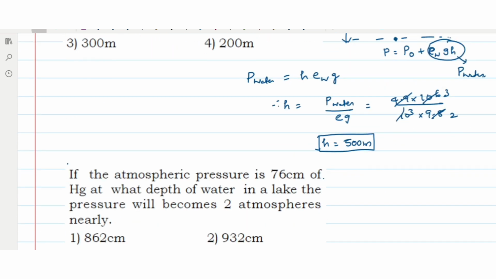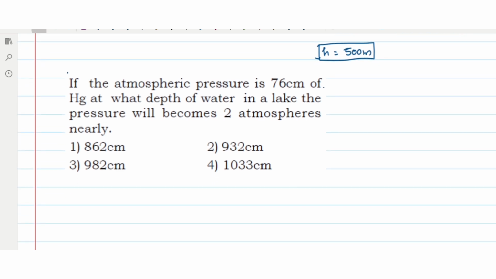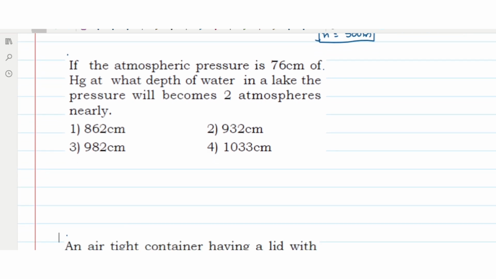Now look at the next question. It was given that if the atmospheric pressure is 76 centimeters of Hg, at what depth of the water in the lake will the pressure become 2 atmospheres, nearly? The pressure at a depth formula is P equals P naught plus h into density of the water into g.